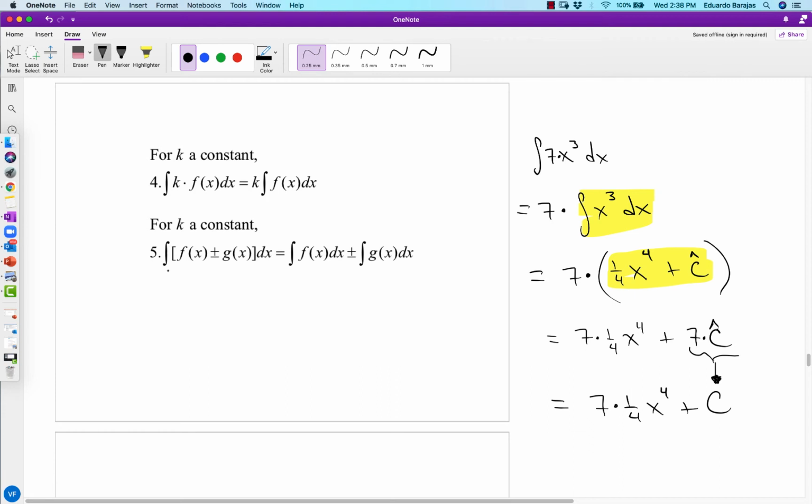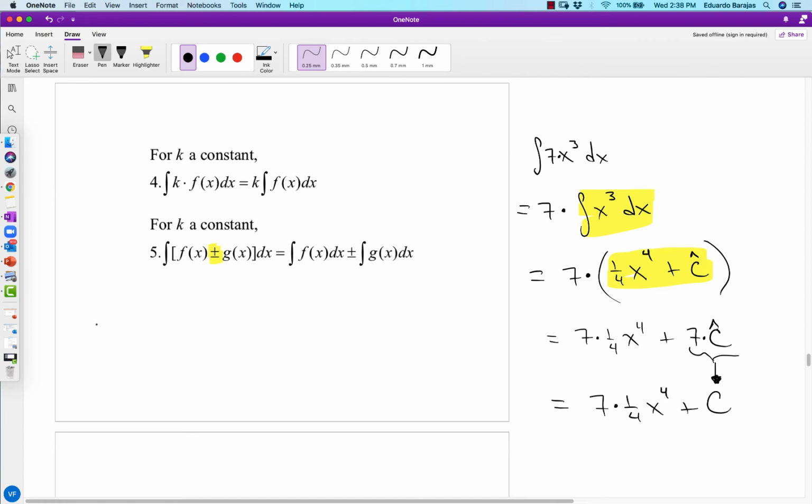And finally, the last one we're going to look at right now is that if we have an addition or a subtraction of two functions in the integrand of an integral like this, then this property says that what we could do is separate them this way. So we can separate them into the addition or subtraction of two different integrals.